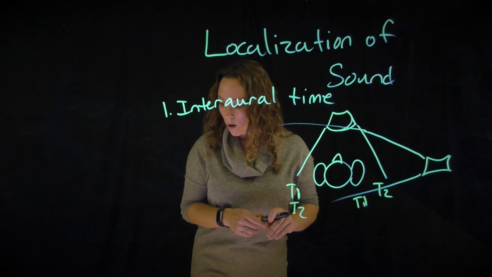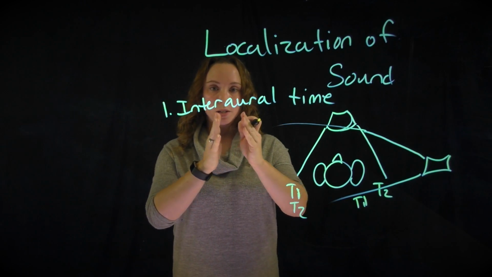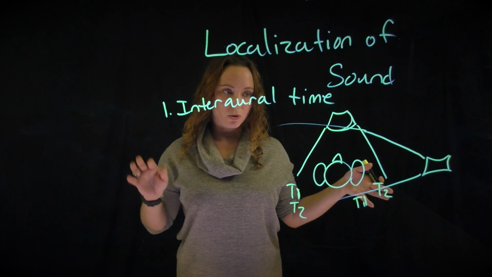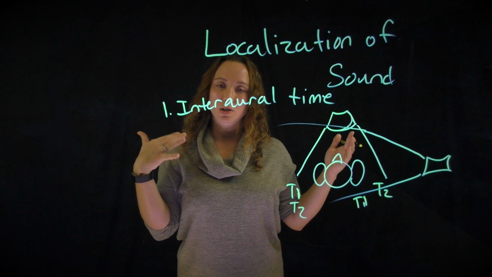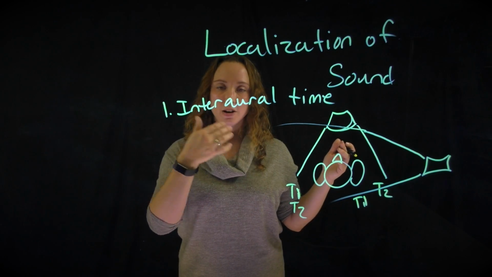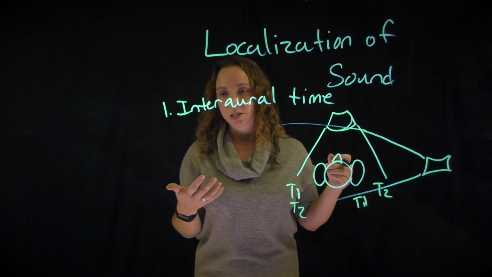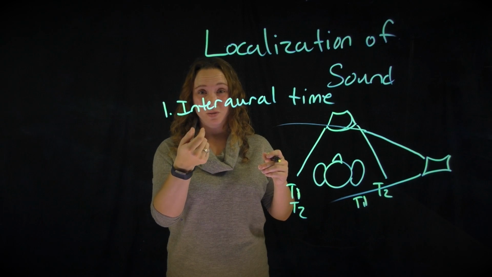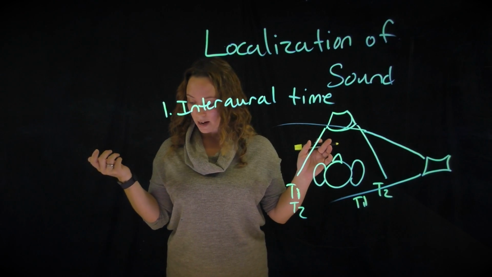And so what happens is that when the sound is localized to our sides, so either the left or the right, the sound wave will hit the ear that it's closer to sooner than the ear that it's further away. Right? And so our auditory system is able to take into account these minuscule differences in time and localize sound to either our left or our right.